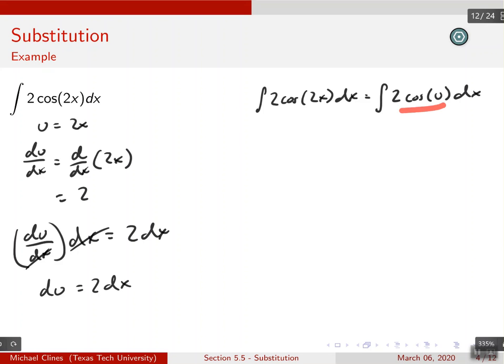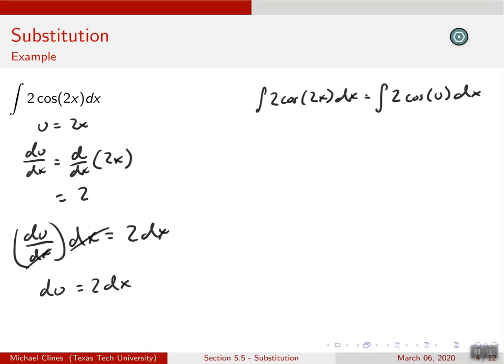So either we need to rewrite this in terms of x again, or we need to get a du in here instead of a dx. Now that first route, if we get this back in terms of x, we end up back where we started and we went nowhere. So now what we want to do is change this dx into a du.